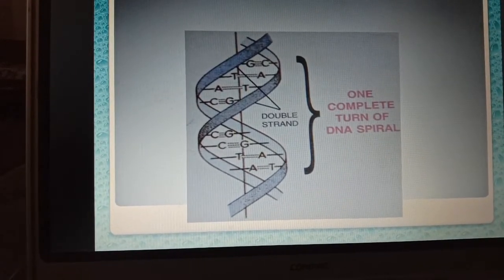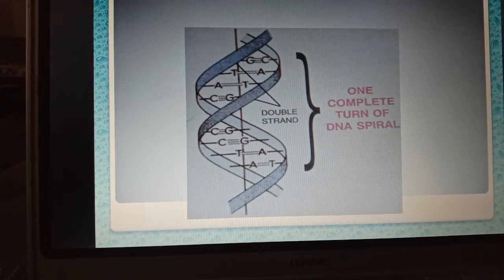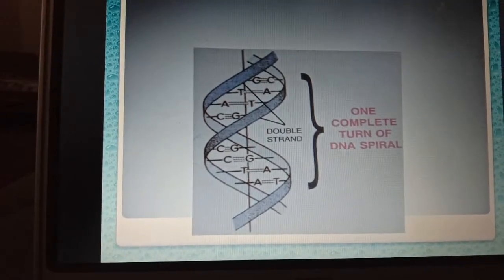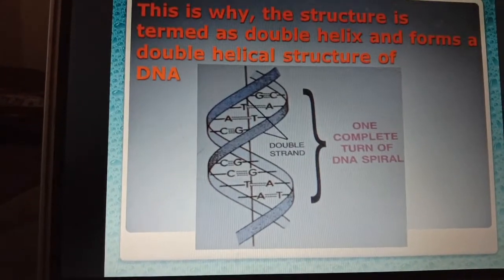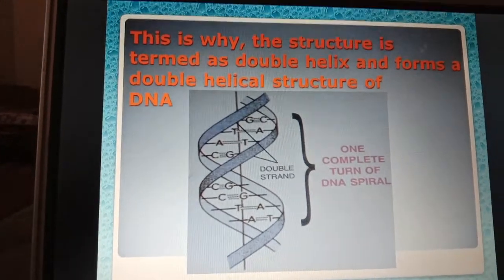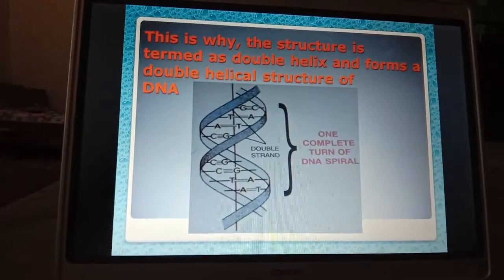This is one complete turn of the DNA spiral. This is why the structure is termed a double helix, forming the double helical structure of DNA.